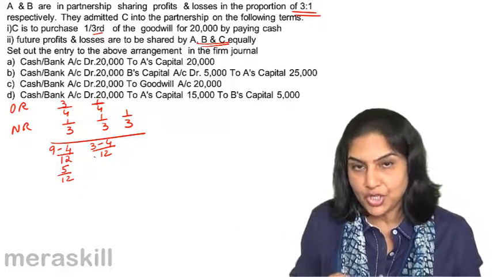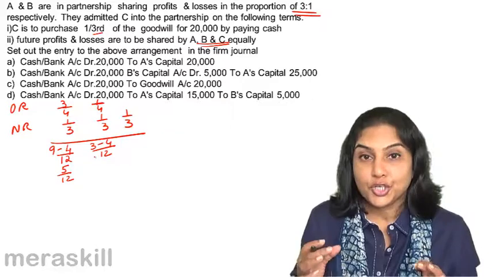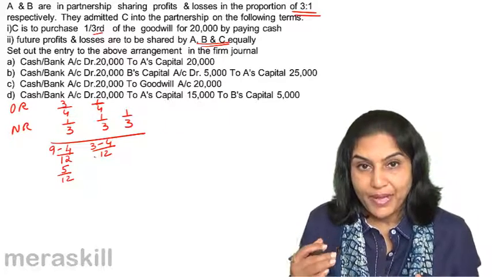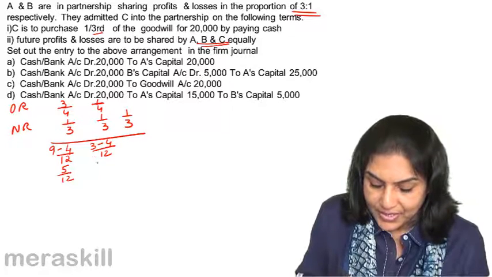There is a change. There is an admission of a new partner, and there is a new profit sharing ratio. By this, an old partner stands to gain. So what do we get here? We get minus 1/12.